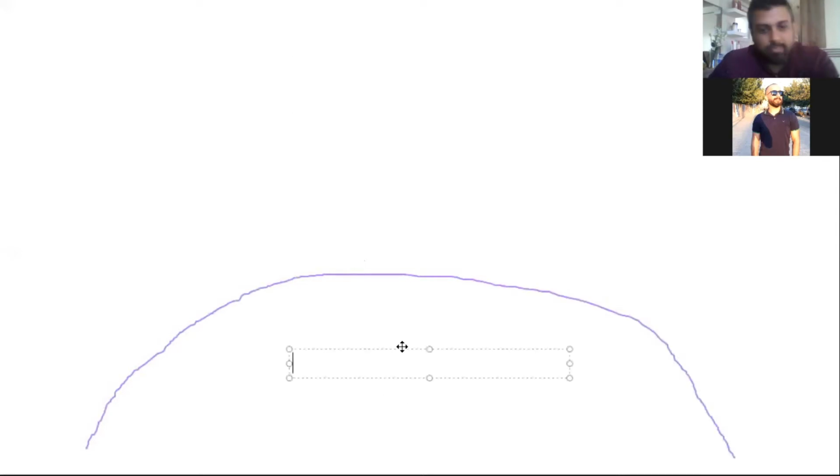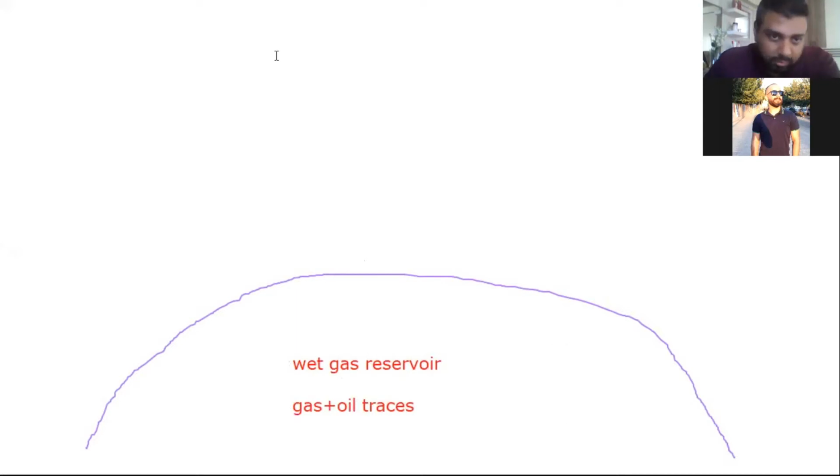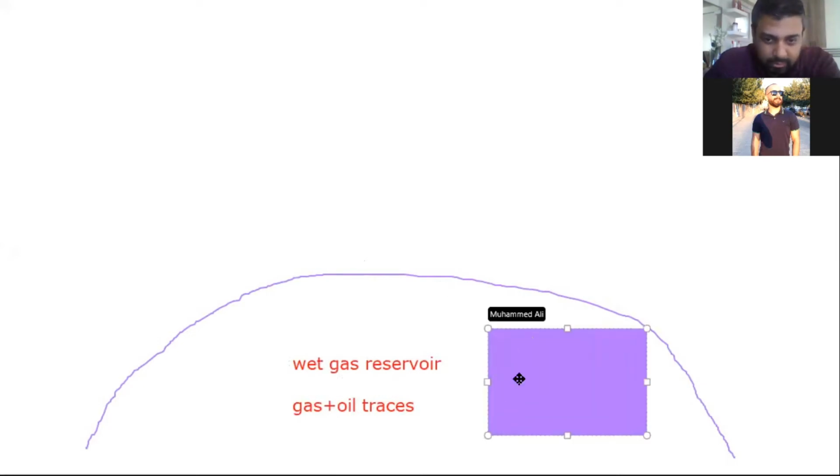Let's suppose we have a gas reservoir. We have the wet gas reservoir. It means gas plus oil traces. So let's say this is the gas.